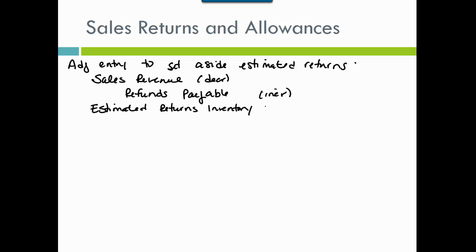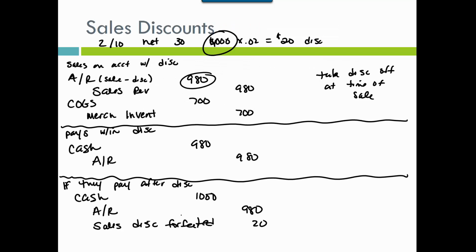And so I'm going to increase that balance by debiting it, and then I'm going to credit cost of goods sold. Cost of goods sold is an expense, so by crediting that, I am decreasing it. It's kind of like if we go back here to the sale, I debited cost of goods sold, and I credited merchandise inventory.